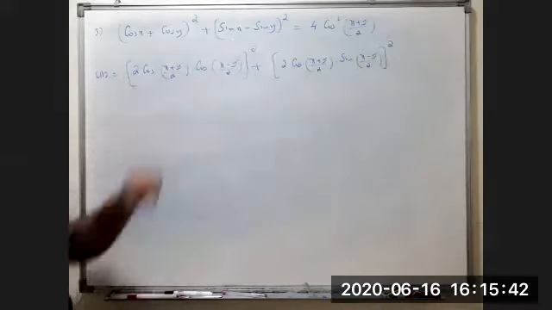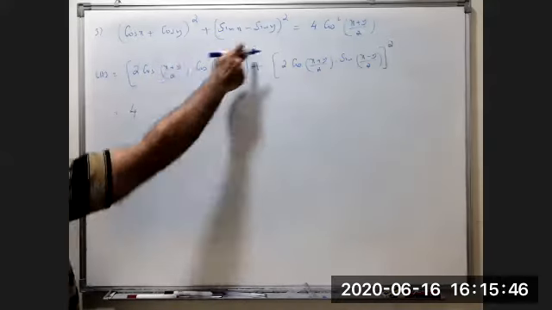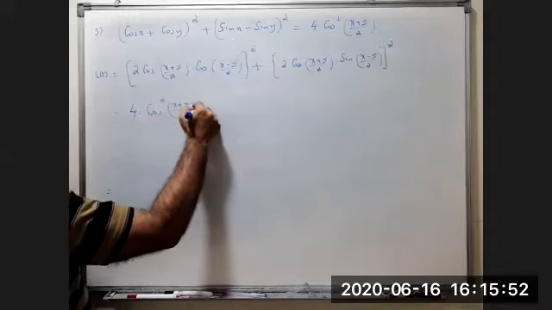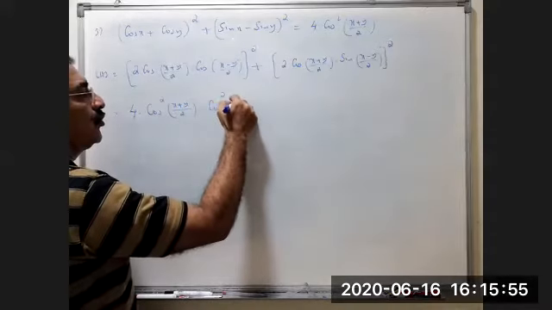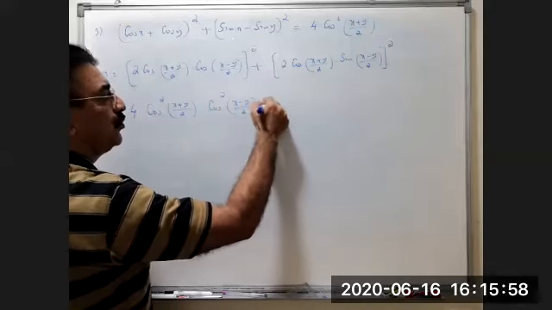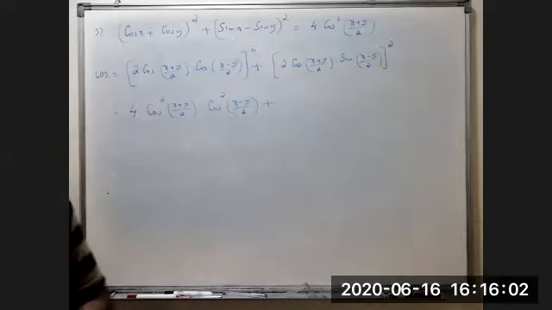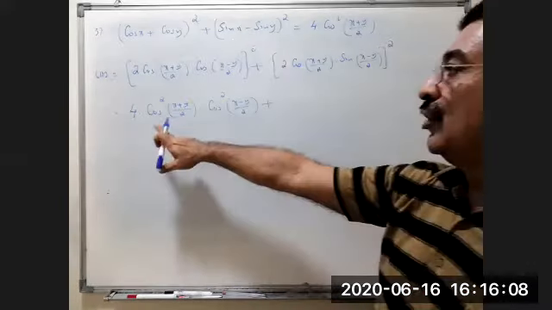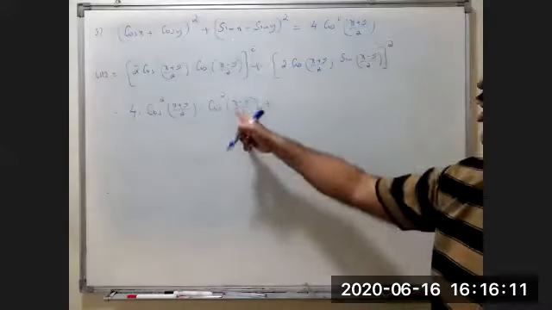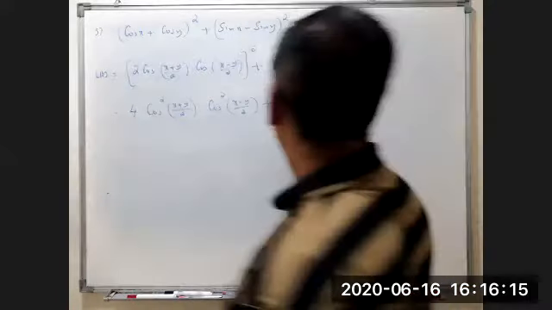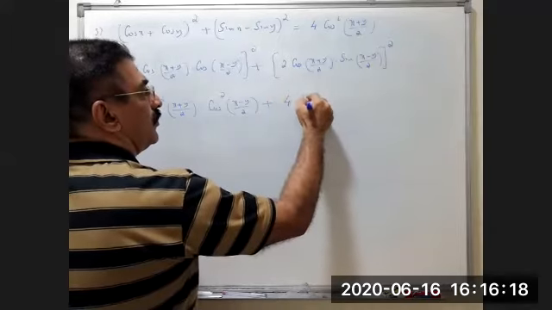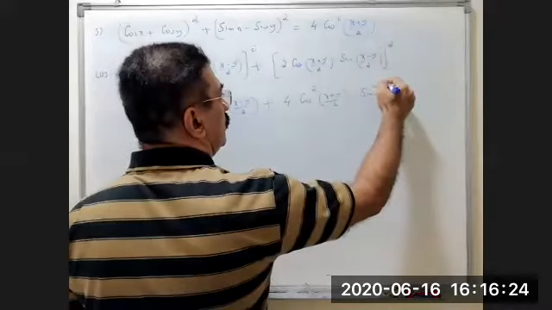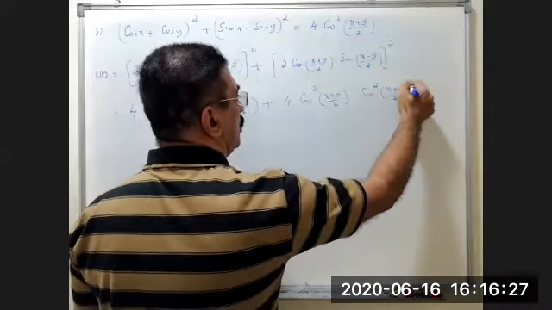Square of 2 is 4, so 4 cos square x plus y by 2 into cos square x minus y by 2, plus, now here 2 square is 4, cos square x plus y by 2 into sin square x minus y by 2.